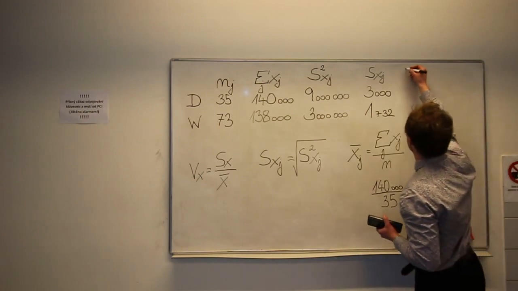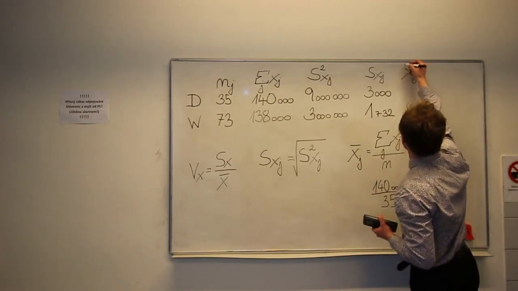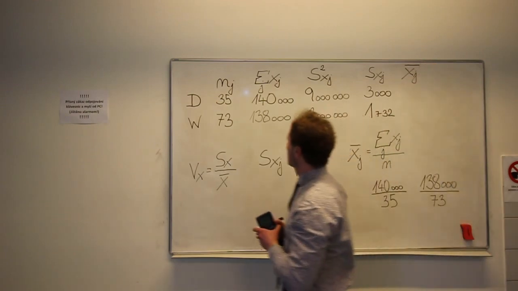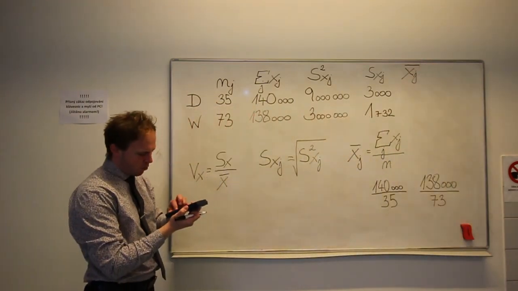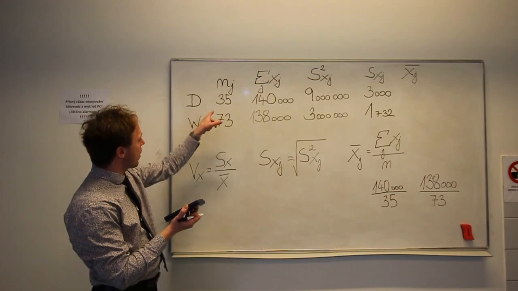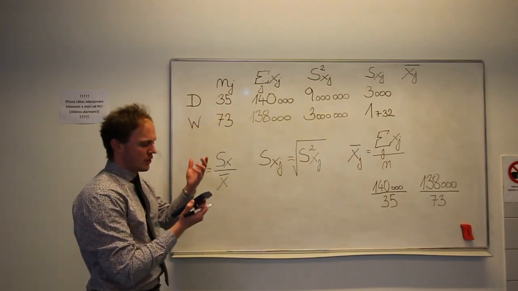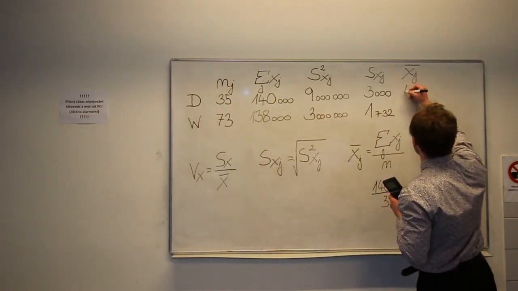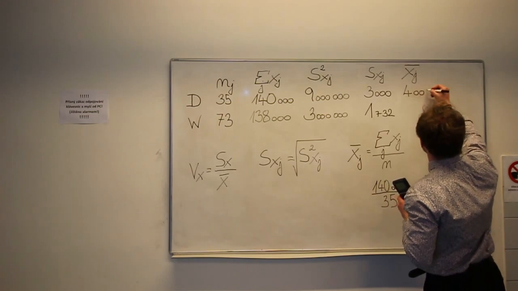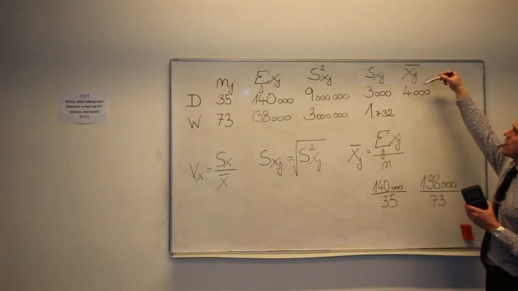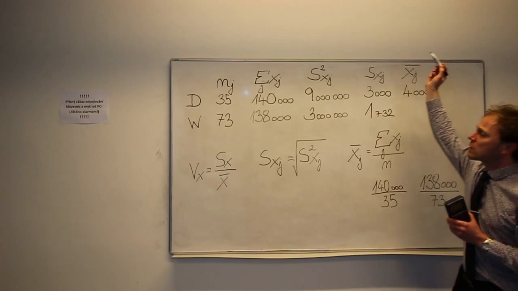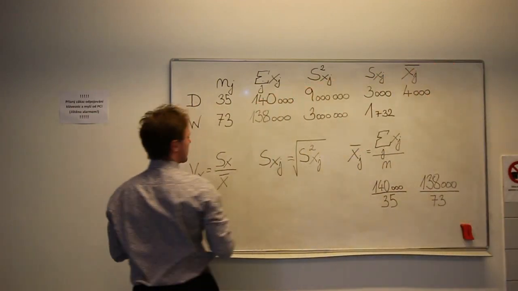So here, xj with stripe, there we calculated these means. 140 divided by 35, this is easy, 4,000, so you can interpret this as the average deposit on this day.